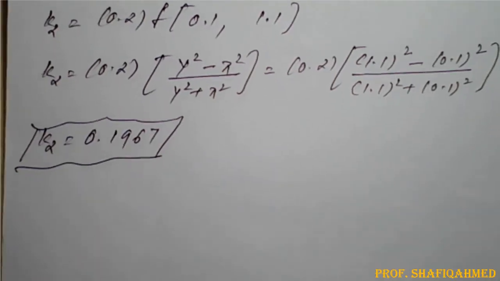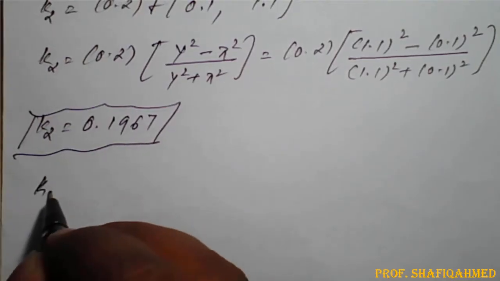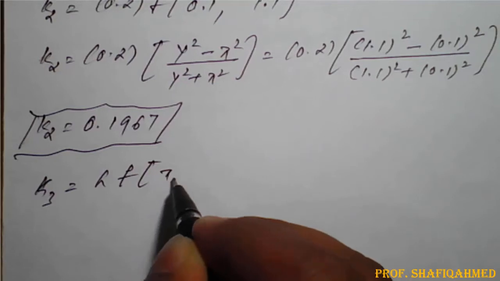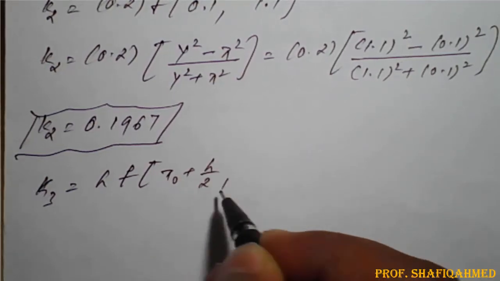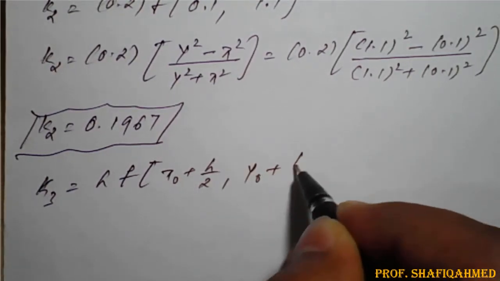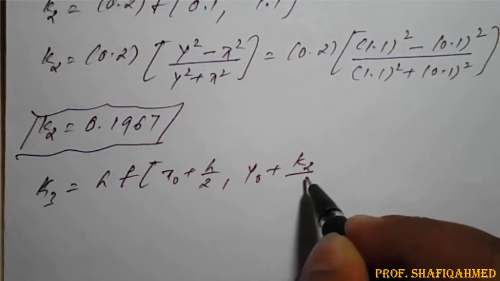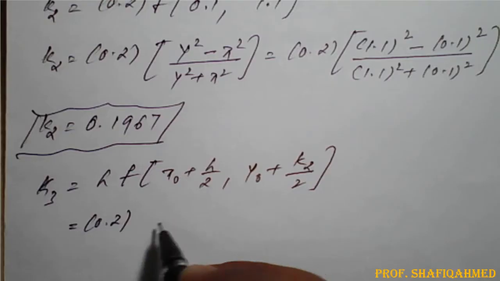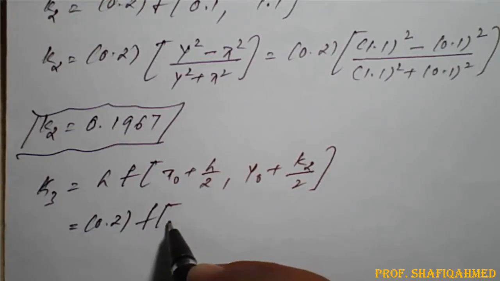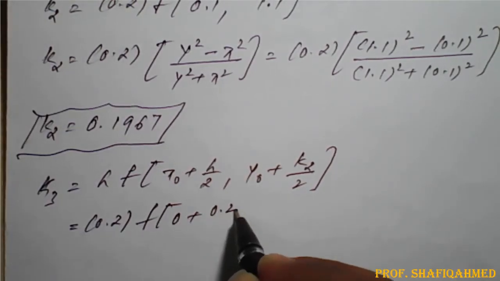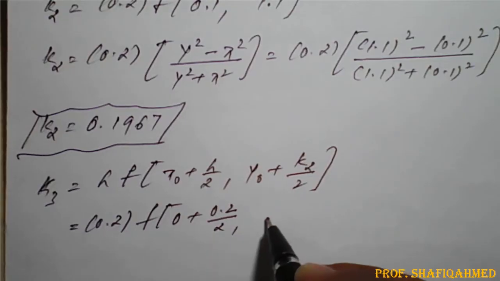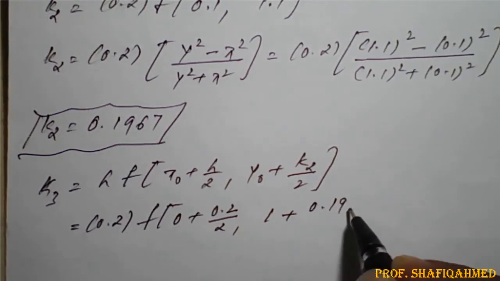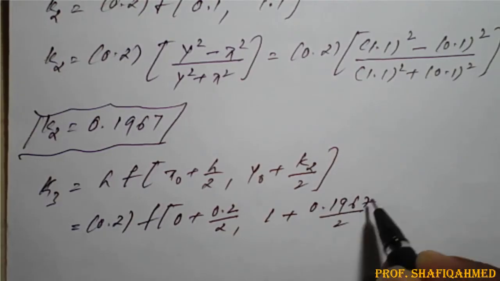Similarly we need to get the value of K3 here. So the K3 formula is K3 is equal to h into f of (x naught plus h by 2, y naught plus K2 upon 2). On substituting the values, h is 0.2, f of x naught is 0, h by 2 is 0.2 divided by 2, y naught is 1, K2 we just got is 0.1967 divided by 2.